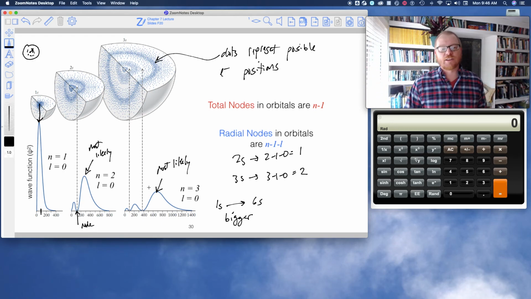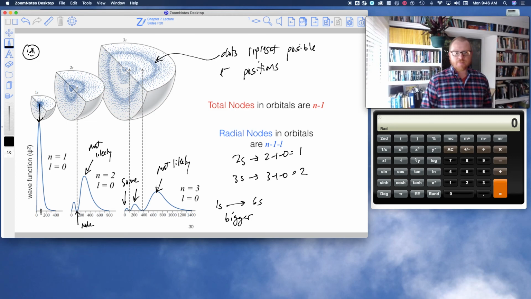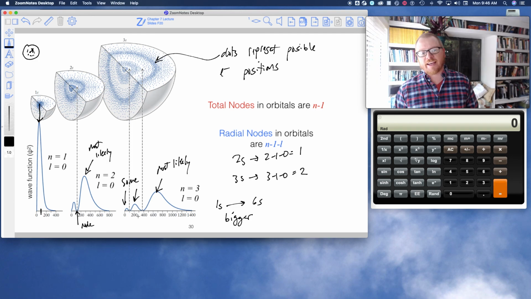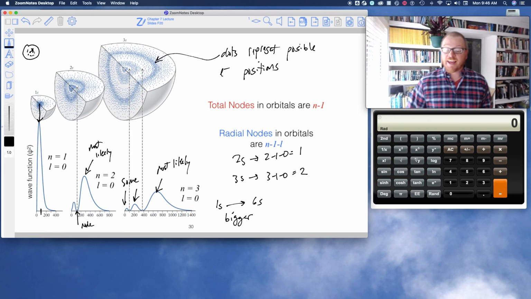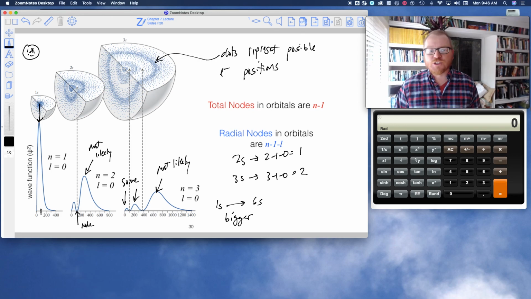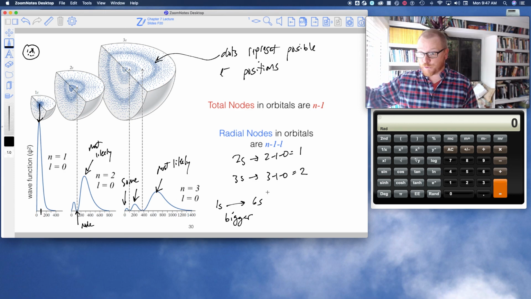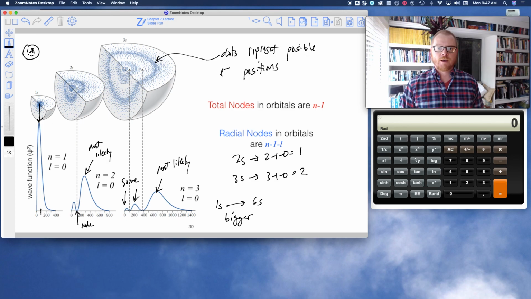All that being said, there is still some probability of finding those electrons in the inner layers. It's not 0, but it's still smaller than the most likely position, okay? So it's still somewhat finite, but the most likely positions as the orbitals get bigger are further and further away from the nucleus, okay? So let's move on.